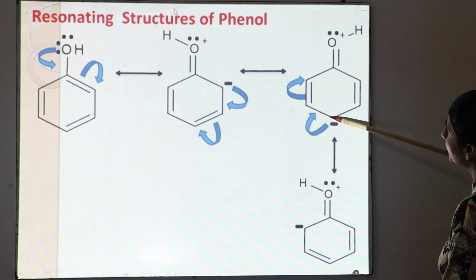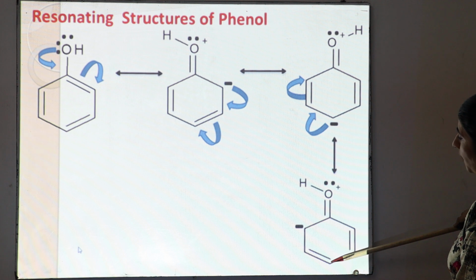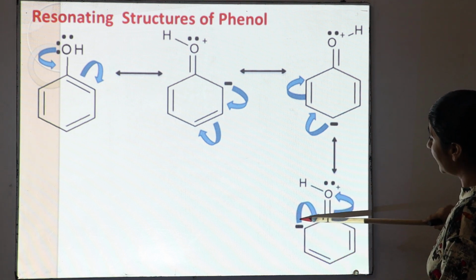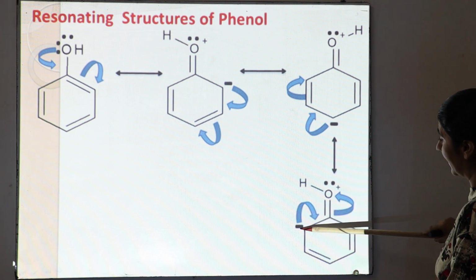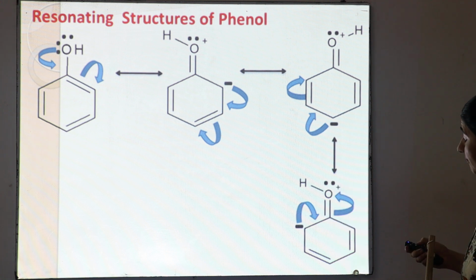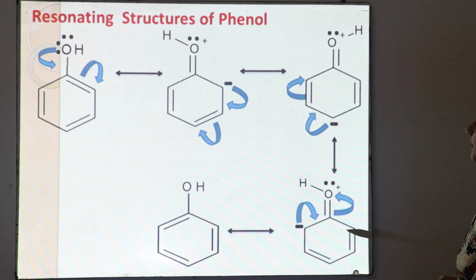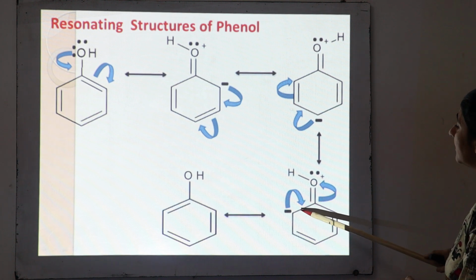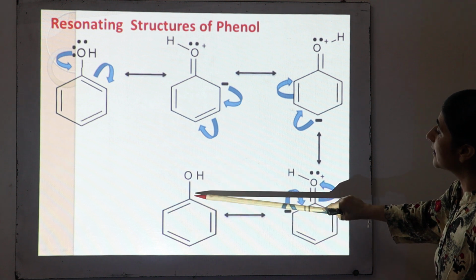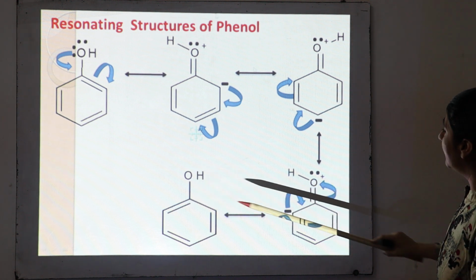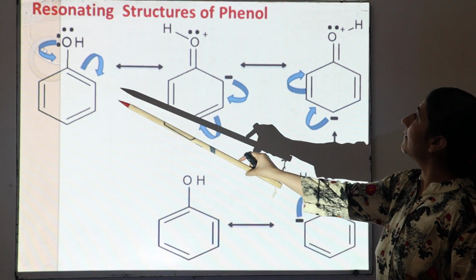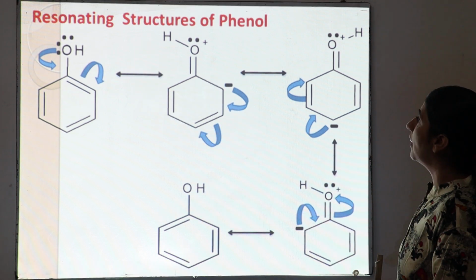In the last resonating structure of phenol, again there is a migration of the negative charge and the pi electrons toward the oxygen atom, and we get the fifth resonating structure in which the carbon has a double bond with oxygen, which acquires a negative charge. These are the resonating structures of phenol.